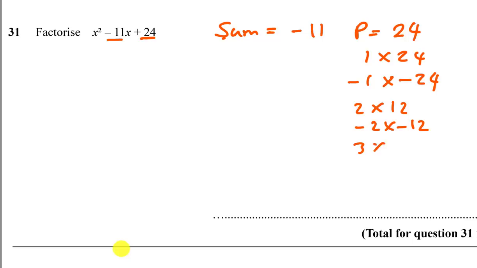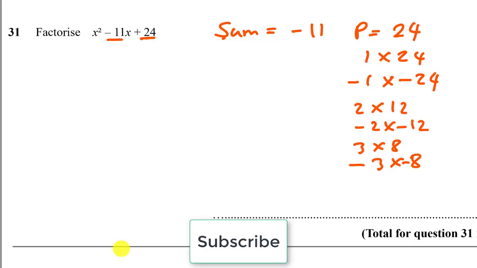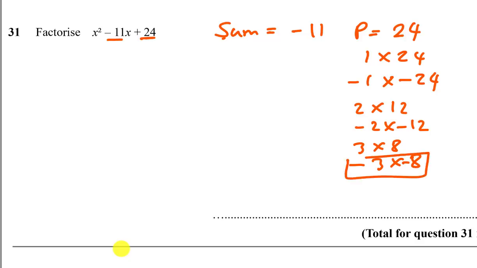So 3 times 8 gives us 24, but 3 add 8 gives us plus 11, it does not give us a minus 11. So minus 3 times minus 8 gives us positive 24, and we can see that minus 3 added to minus 8 gives us minus 11. So we're going to use minus 3 and minus 8 for our answer.